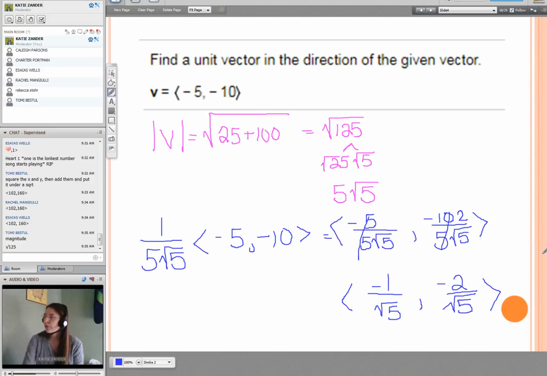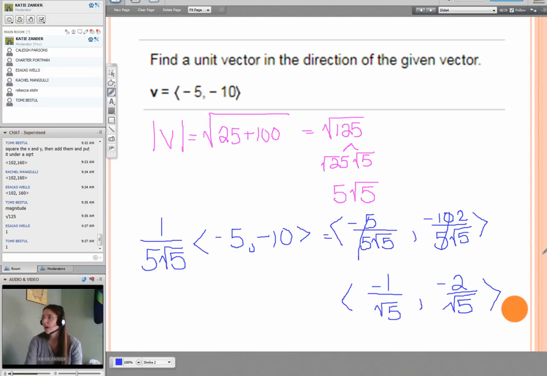If you were to go through and find the magnitude of that unit vector, what would it equal? So if you were to find the magnitude of that vector, it should equal 1, right? Because unit means 1. So if we did it correctly, that should be a 1 for the magnitude. And I can see that it will be because you'll get a 1 over 5 plus a 4 over 5. So that is going to result in a 5 over 5, and the square root of 1 is 1. So it'll work out okay.